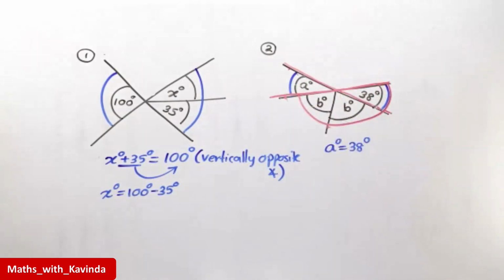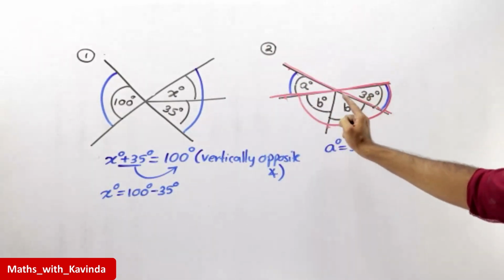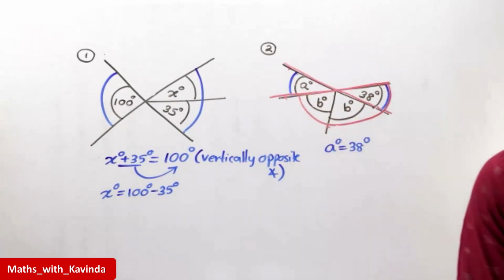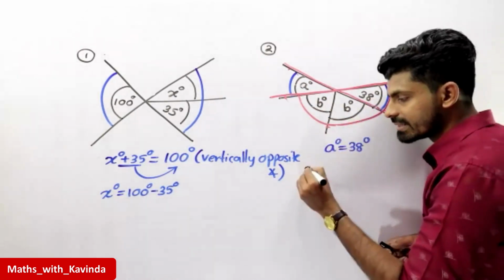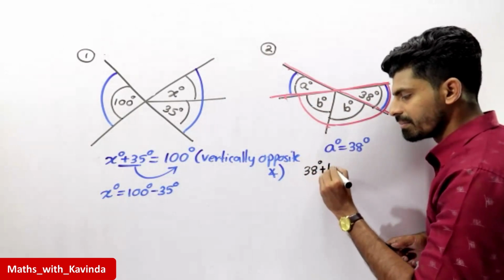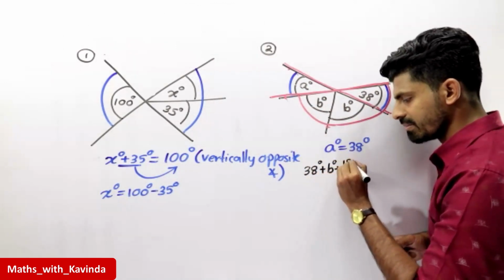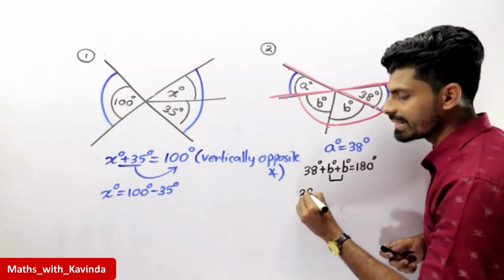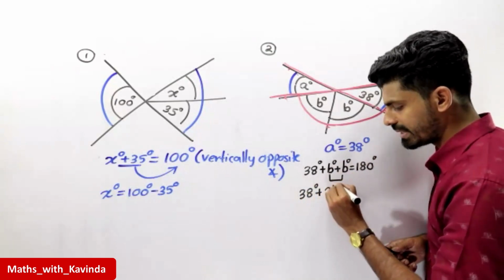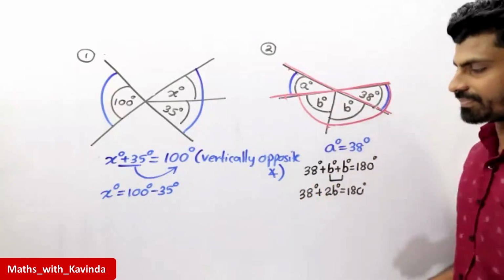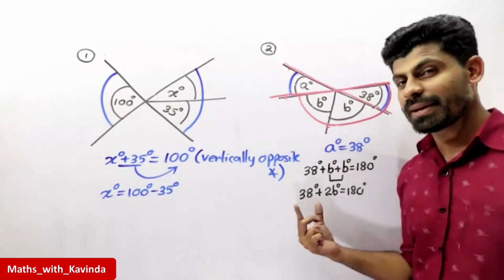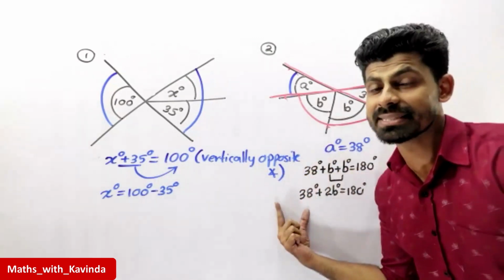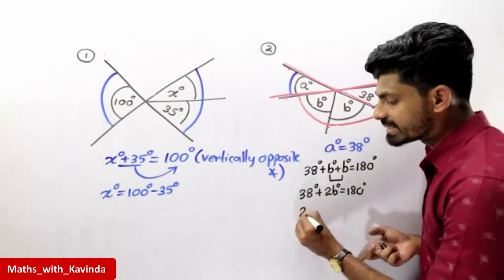38 plus B plus B equals 180. B plus B is 2B, so 38 plus 2B equals 180. Plus 38 moving to the other side changes to minus 38.